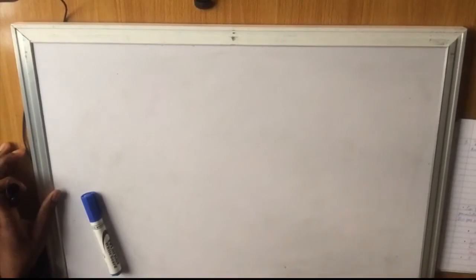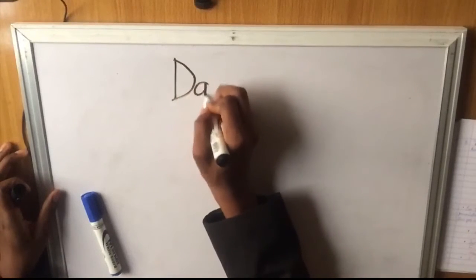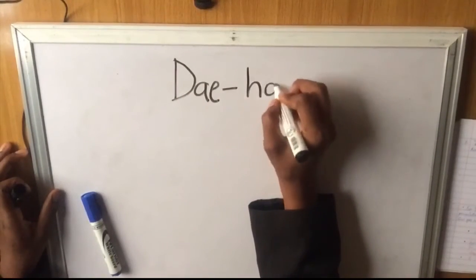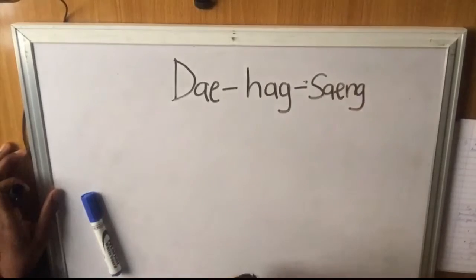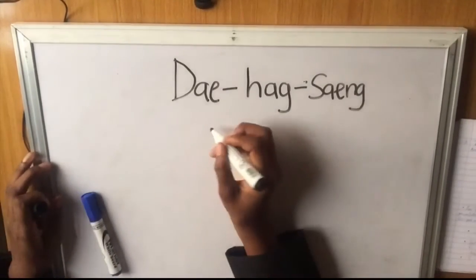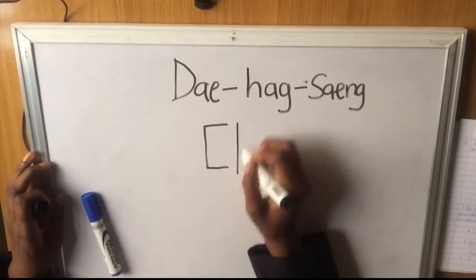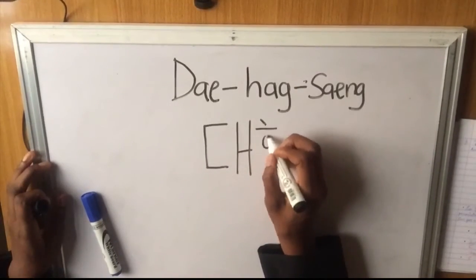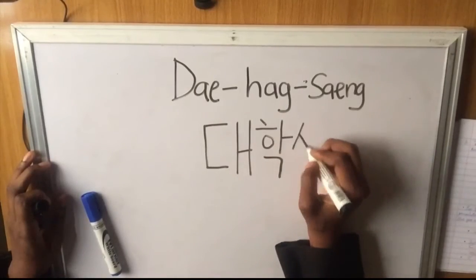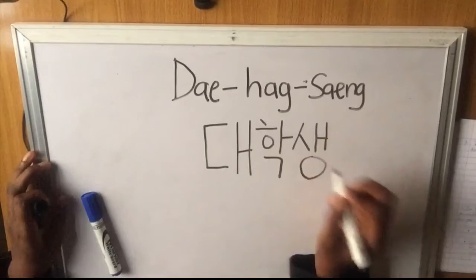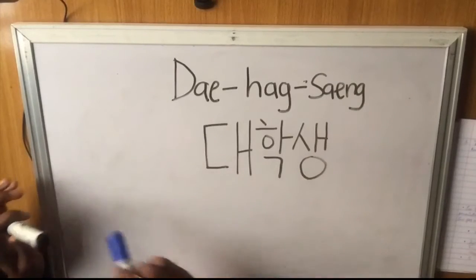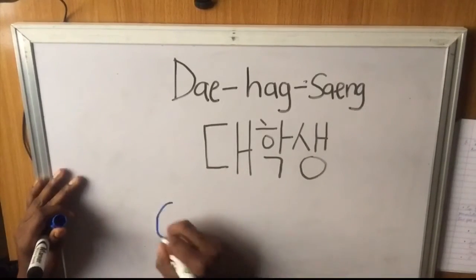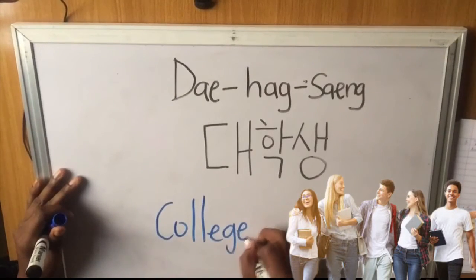Our third example is 대학생. In Korean, it's written like this. 대학생 means a college student.